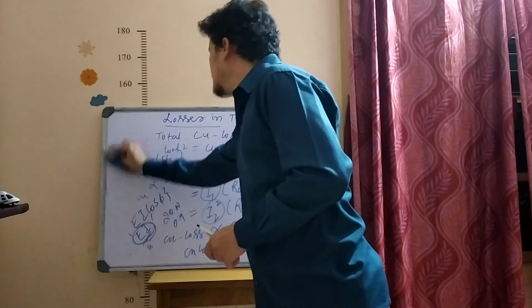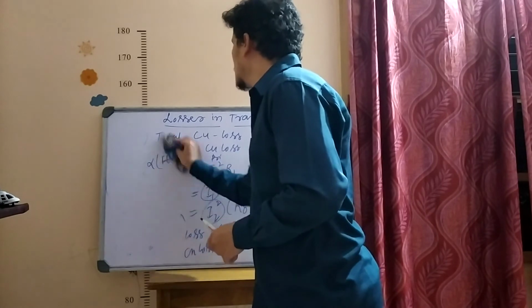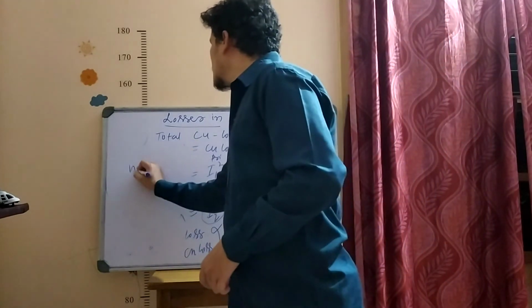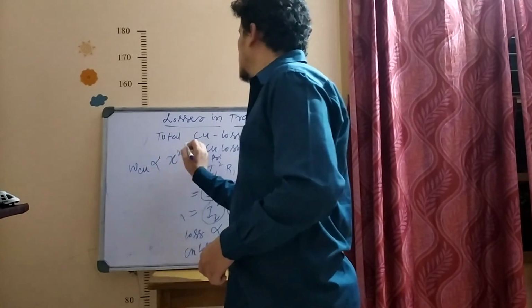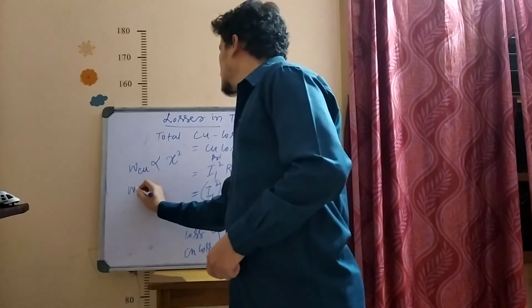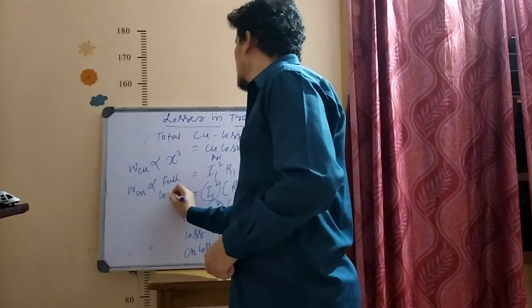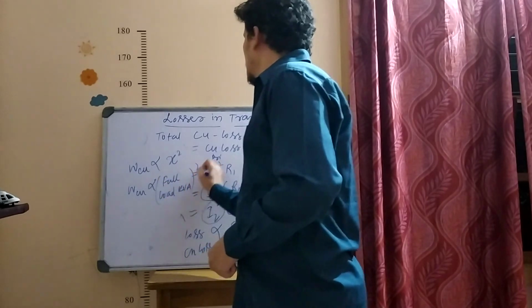So leave it aside. What I was telling: WCU is directly proportional to X square. WCU is directly proportional to full load kVA whole square.